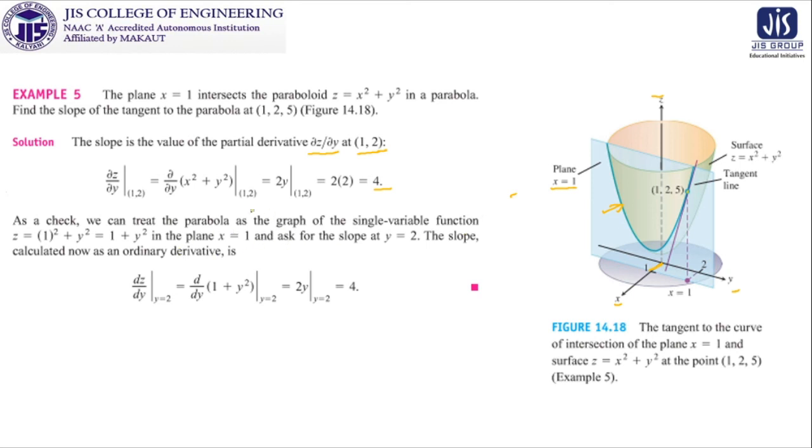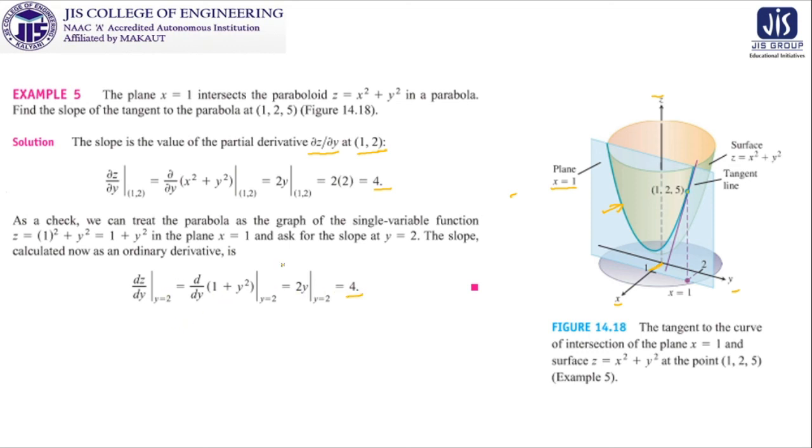As a check, we can treat the parabola as the graph of a single variable function, and we can check that dz dy is equal to d by dy of 1 plus y square; if you just differentiate it with respect to y, we will get 2y, and if you put y equal to 2, it is 4.